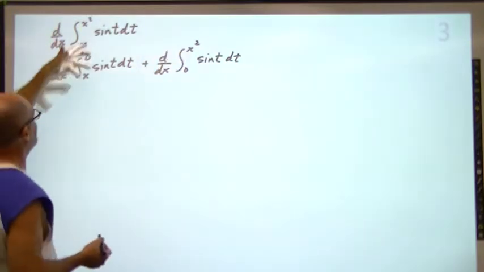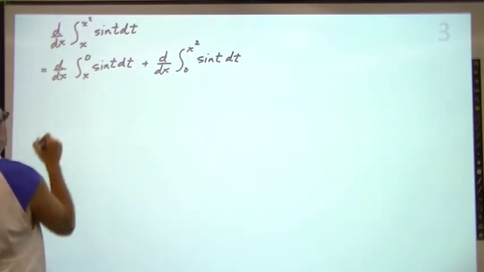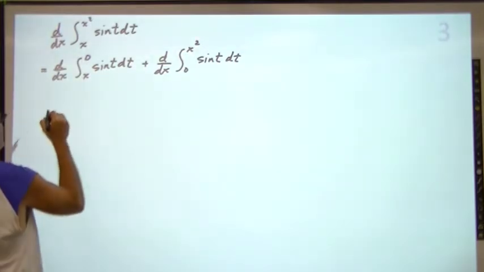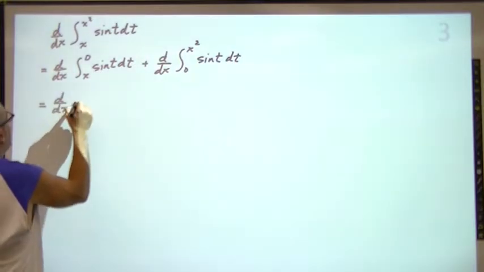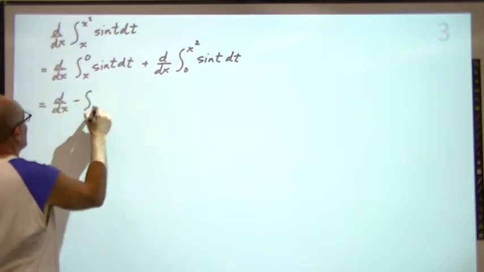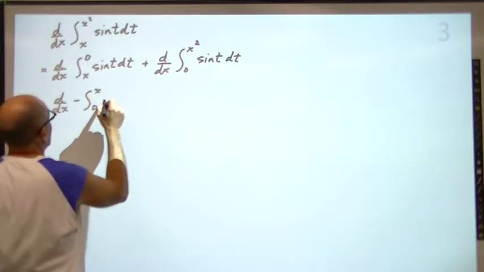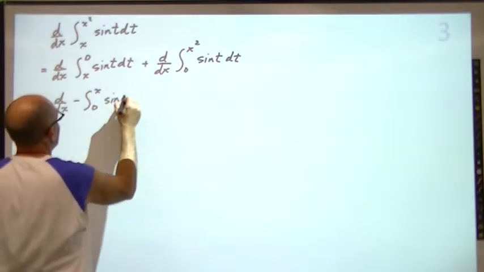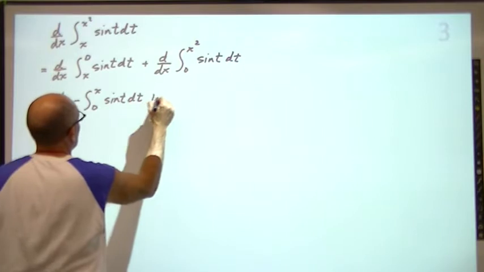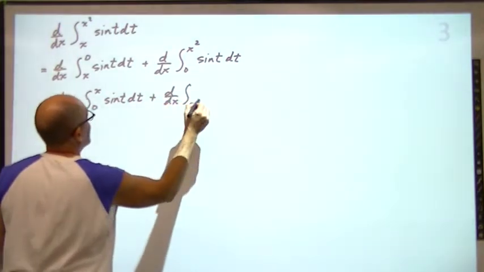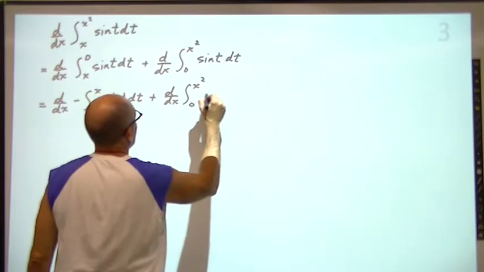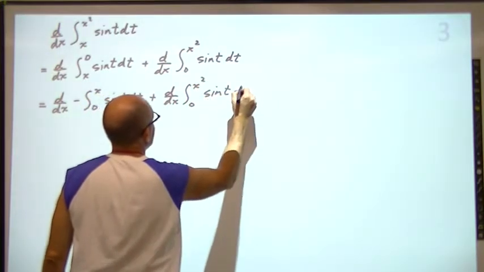So I need to flip this one. So I make this the derivative of the negative integral from 0 to x of sine t dt plus derivative from 0 to x squared of sine t dt.